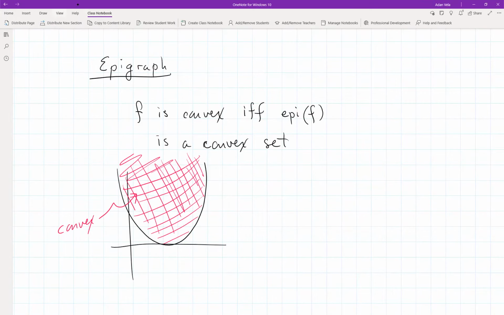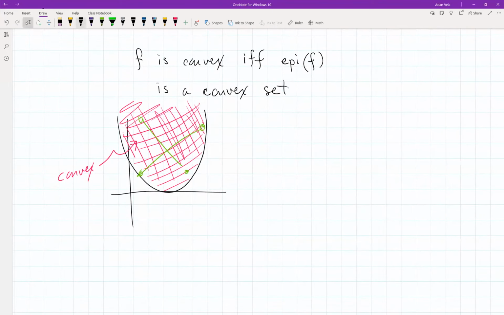You can take any 2 points, connect them, and they're still in the set. So you're effectively taking your function and saying, everything above that, let's pretend it's a set. You're defining a set based on your function. Okay, so it's kind of neat.